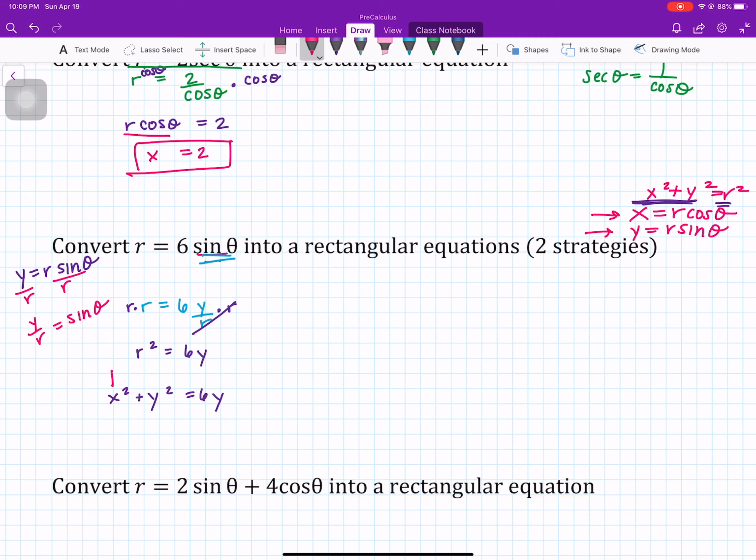It should be kind of a clue to you that this is a circle because you have an x squared and a y squared and they have the same leading coefficient. You can stop right here. Sometimes the directions will tell you to put it into your standard form. And so for a conic, that means you need to complete the square. I'll go ahead and practice that just because it's been a little bit since we've done it.